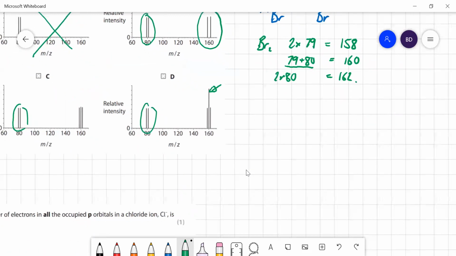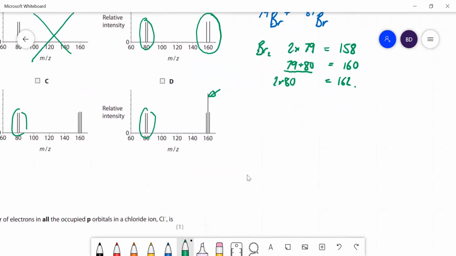Okay, if you wanted to look at it in terms of probability, you could do one of those little probability trees. You could say, right, here's the molecule. Let's say the first one is 79. So you look at the Br2 molecule. If the first is a 79, that's a 1 in 2 chance.